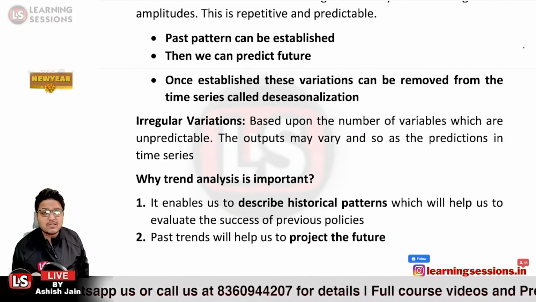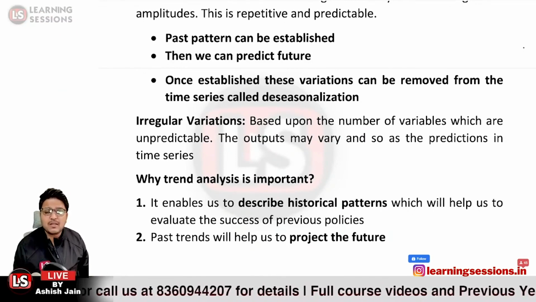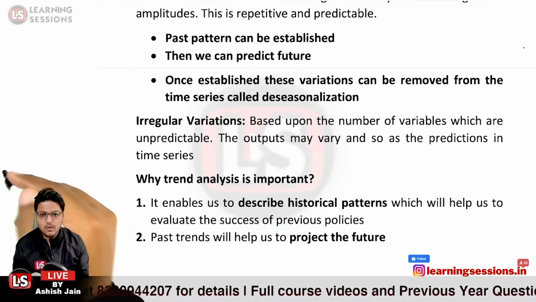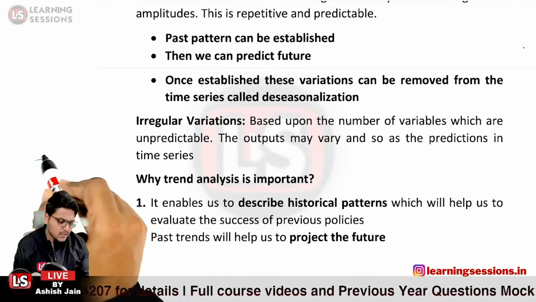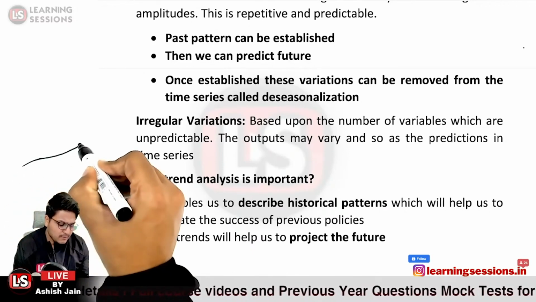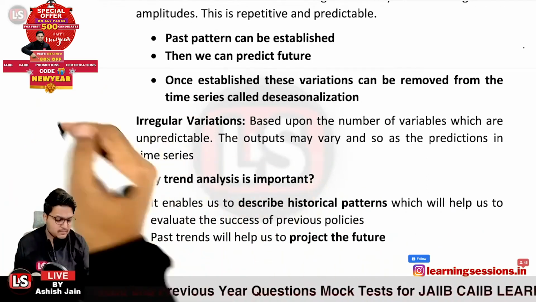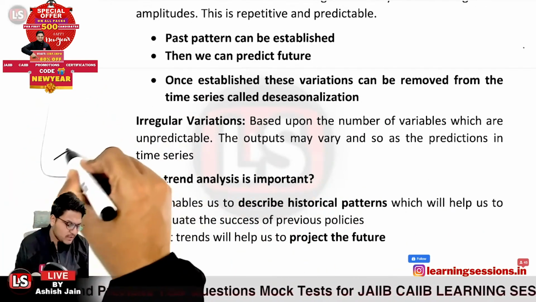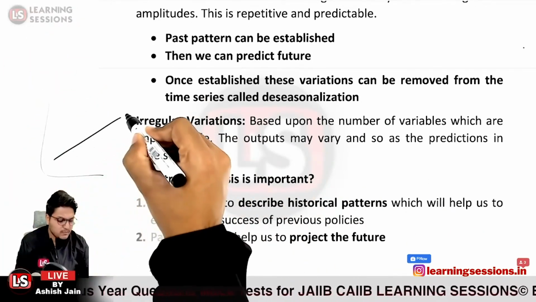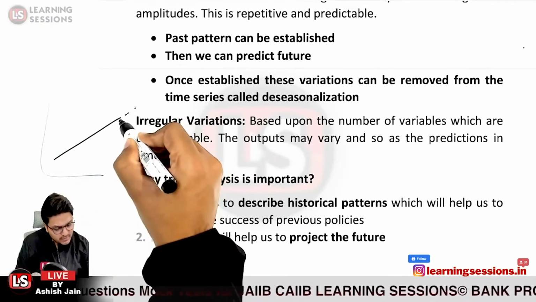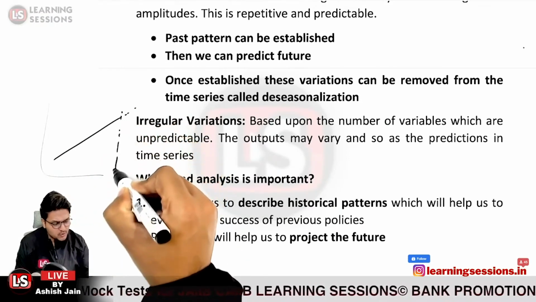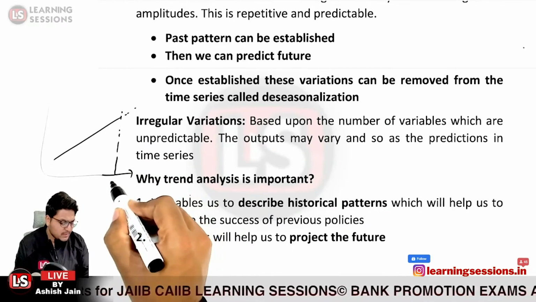Okay, so past trends will help us to project the future. If we have been growing for a longer time, we can predict that definitely we will reach this particular point. Just say if this is a trend line over here, we can say that we'll be reaching up to this mark. Over here on the x-axis we have the timeline.